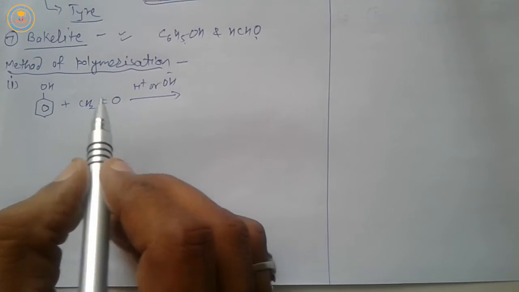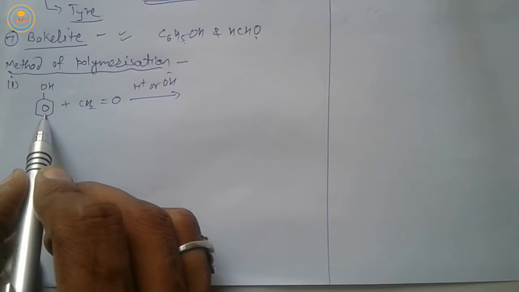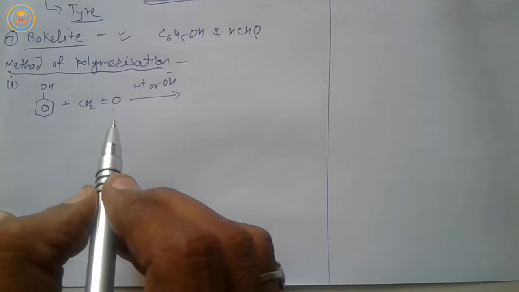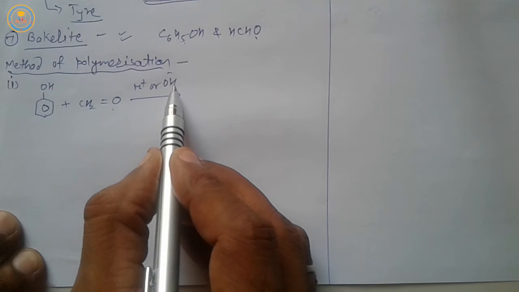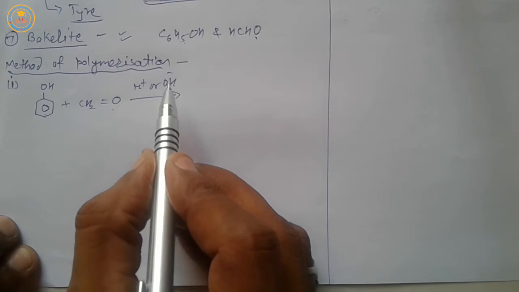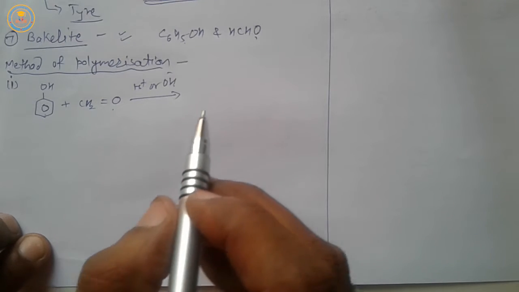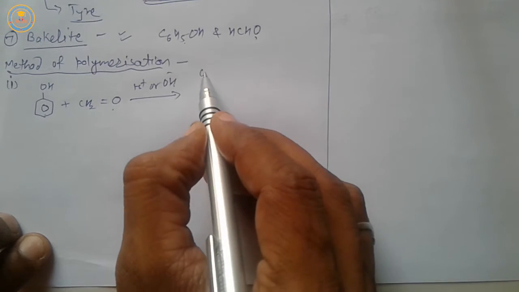When the reaction of phenol and formaldehyde is carried out in the presence of acid or base, ortho and para hydroxybenzyl alcohols are formed.